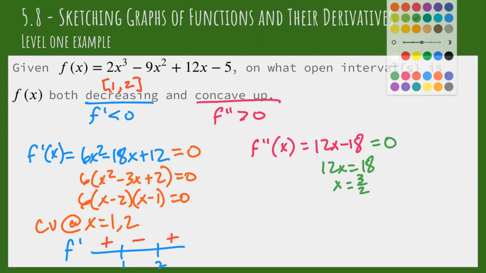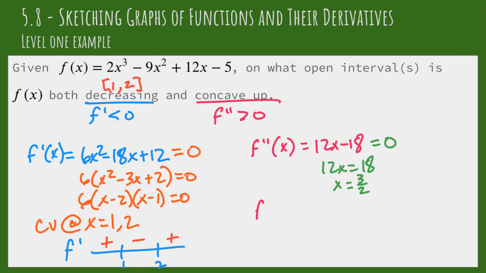So I'm going to make a sign chart for the second derivative. I think these sign charts really emphasize the importance of labeling. If we have two different sign charts, we need to make sure we know what those two different sign charts represent. So this one is going to represent the sign of the second derivative.